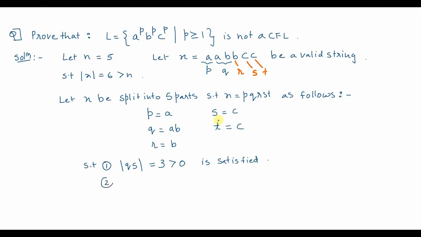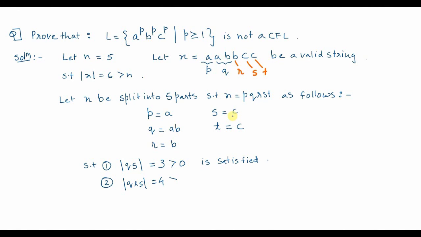And the second condition, length of QRS. You can see length of Q is 2, R is 1, that is 3, and S is also 1, so 4. So the length of QRS is actually 4, and it should be less than or equal to n, right?